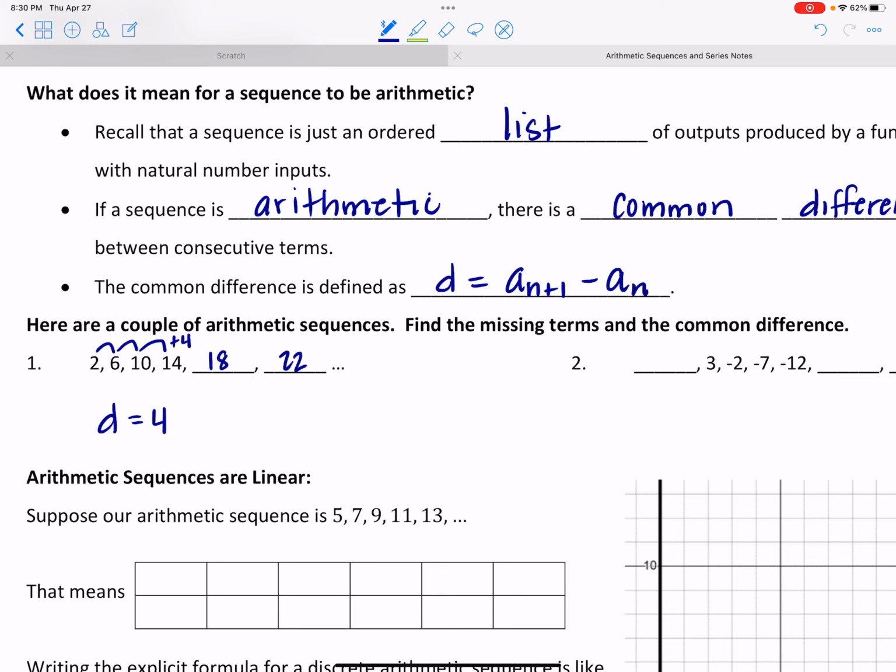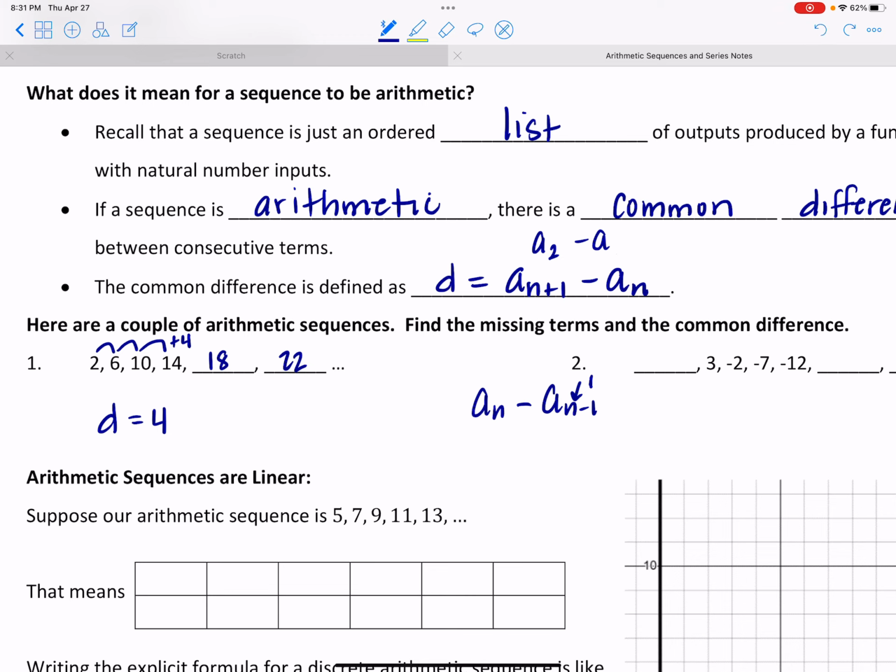Now generally we would take a sub n, a term, and subtract the previous term using this notation, but the smallest input is 1, and if I input a 1 here, we end up with a sub 0, and that's not defined. So we start with a sub n plus 1 and subtract the previous, which would have to be a sub n. So for instance, if I was looking at a sub 2, then a sub n would be 1 less than that, so a sub 1. That would be the smallest difference we can find.